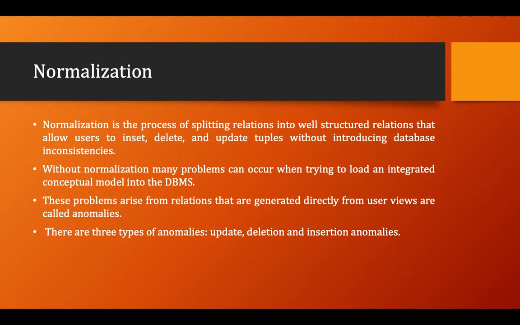In the normalization process, we try to split, or decompose, as we learned in the last class, one relation into well-structured small relations, or small tables. So what is the meaning of a small table?